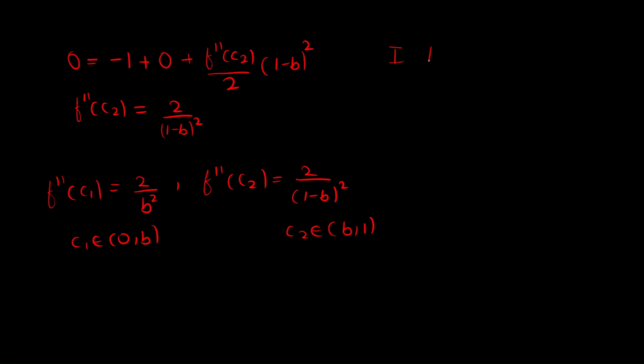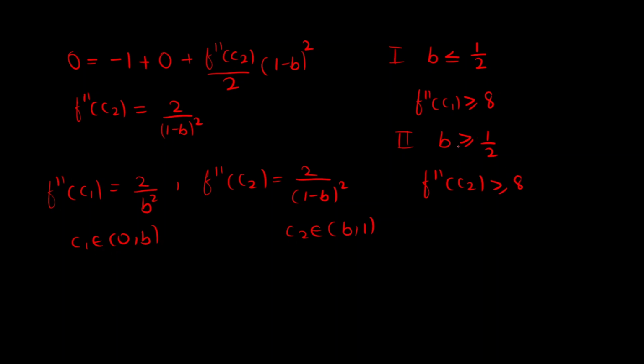Case 1 is if b is less than or equal to 1 by 2. Then I can see that f''(c1) is greater than or equal to 8. The other case is if b is greater than or equal to 1 by 2, which means that f''(c2) is greater than or equal to 8.